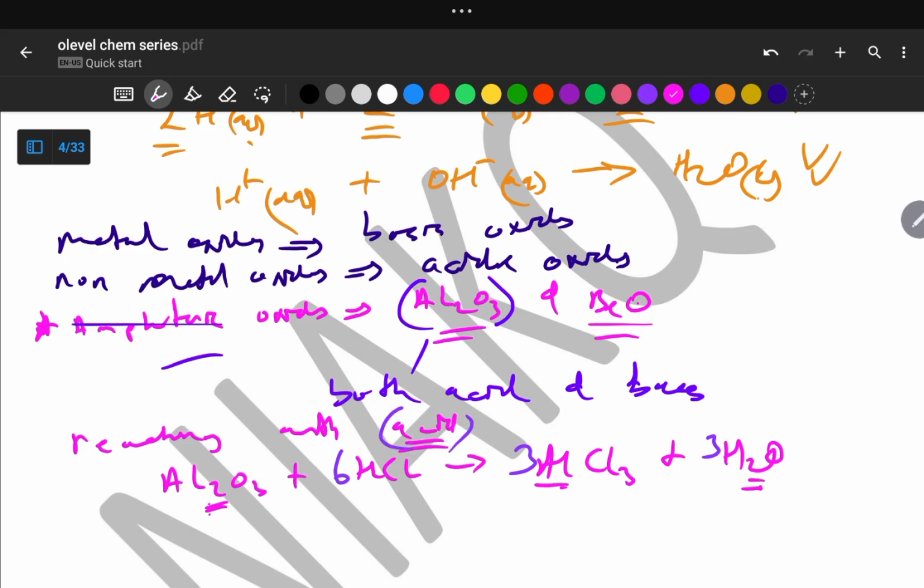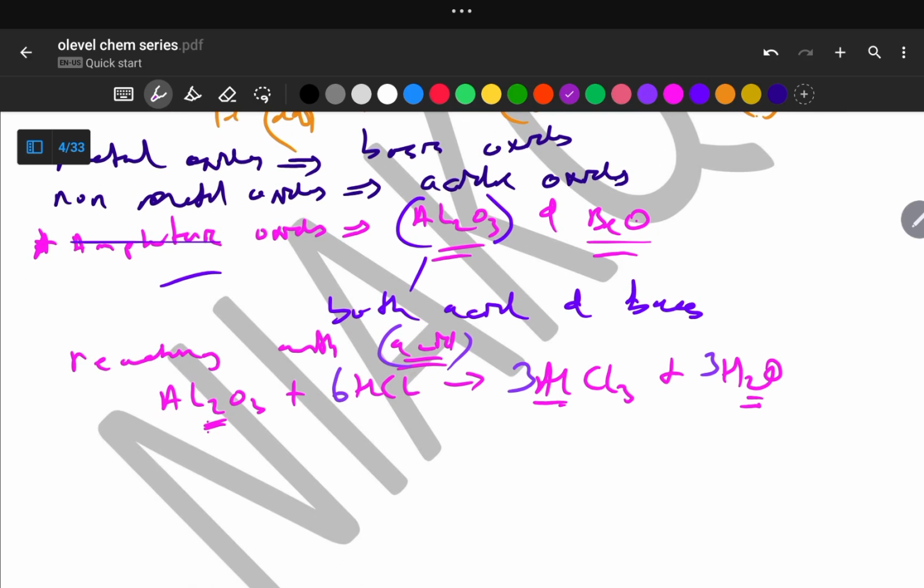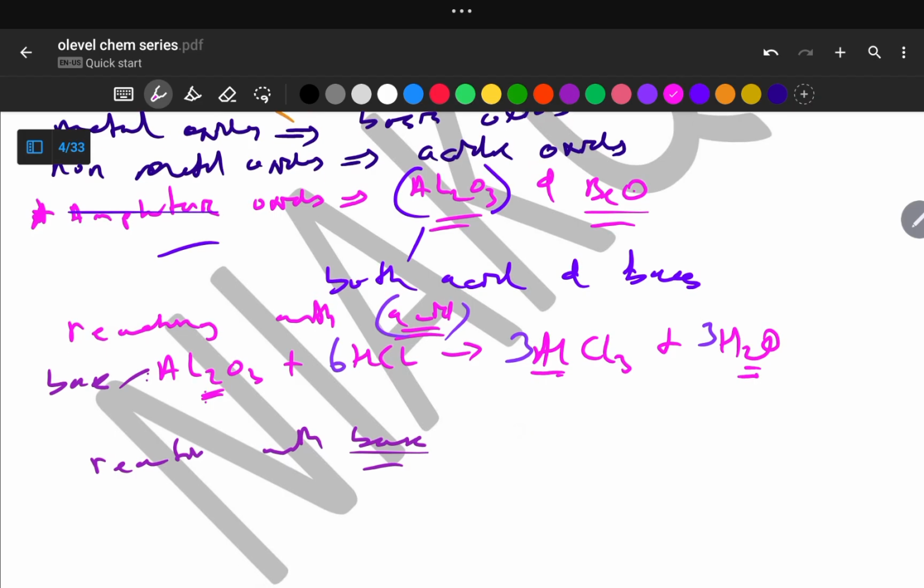That's when reacting with an acid. And then we go on to have the reaction with a base. So when it reacts with a base, it is acting as an acid. So this one is acting as a base here, and then here it is going to act as an acid, right? So aluminium oxide reacting with sodium hydroxide plus water to give sodium aluminate, right?